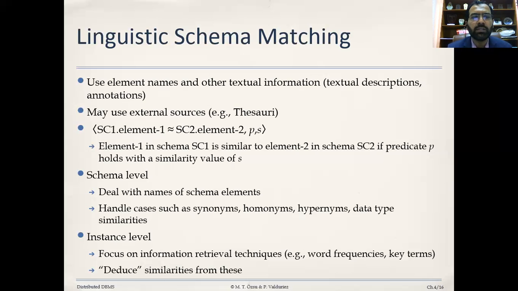In that approach, what we try to do is match, and the representation will be schema1.element1 is approximately equal to schema2.element2, p, s, where element1 in schema1 is similar to element2 in schema2 if the predicate p holds with the similarity value of s. And the similarity value means how much percent they are the same.